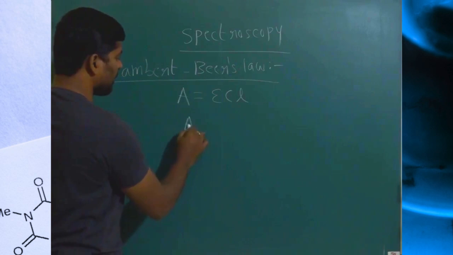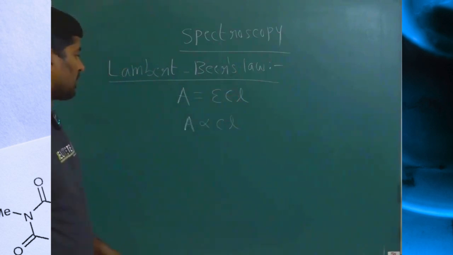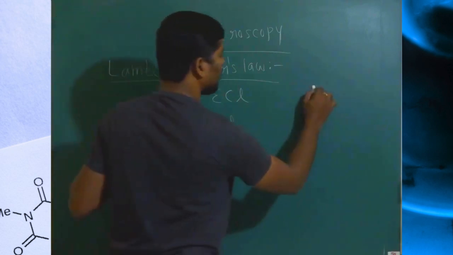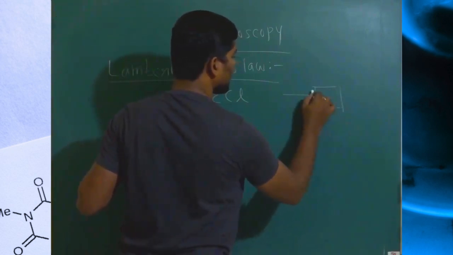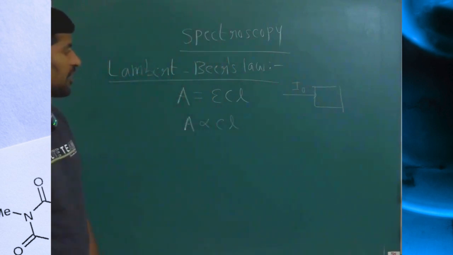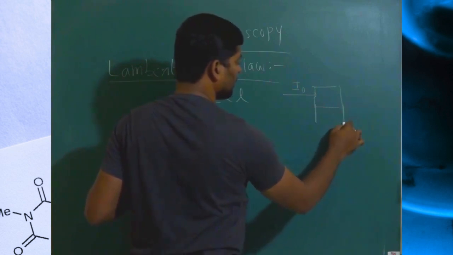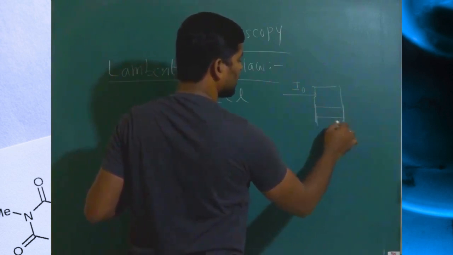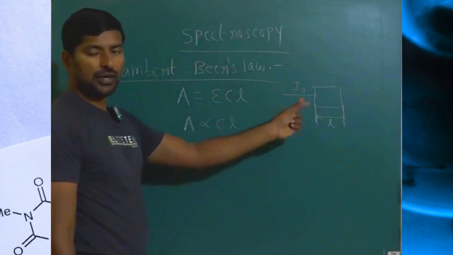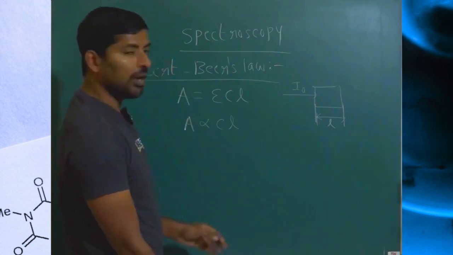That means absorbance is directly proportional to concentration and path length. For example, we are passing radiation whose intensity is I0, the intensity of incident radiation, through the sample. This is the sample holder, or cuvette. Let us consider the length of the cuvette is L, called the path length.